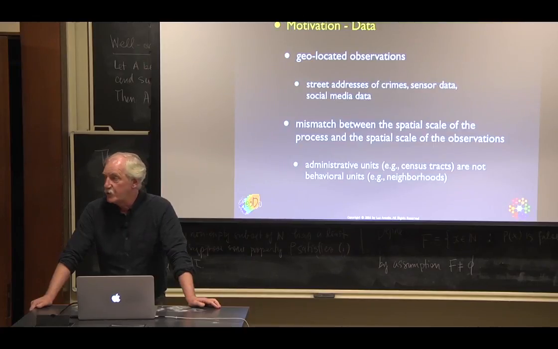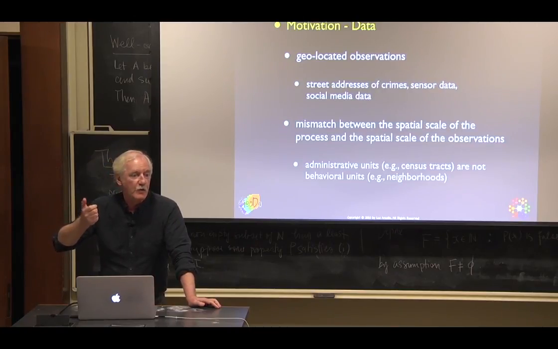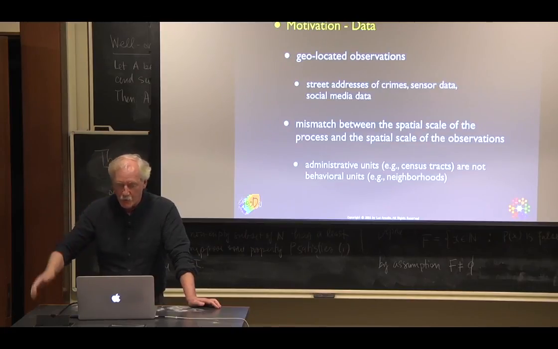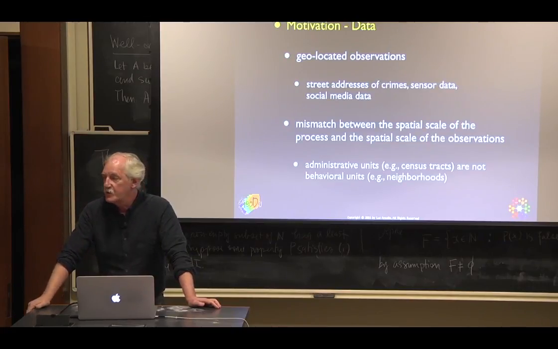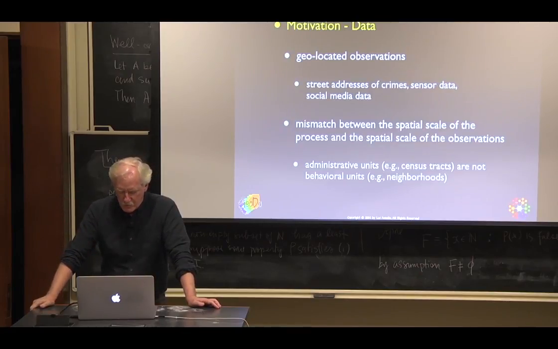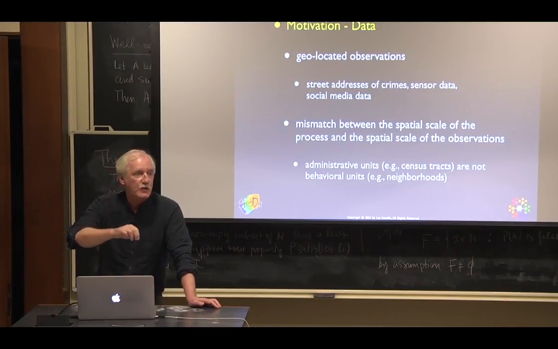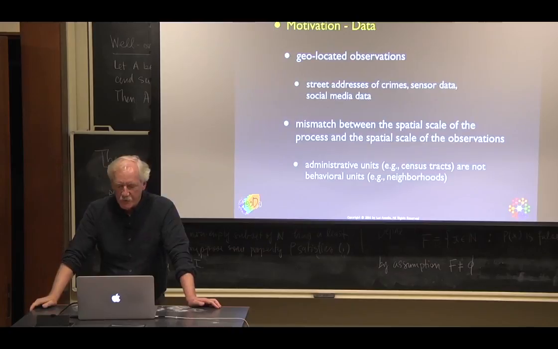For example, street addresses of crimes, social media data where the GPS in the smartphone tells you where the message was tweeted or when the posting was made. Sensor data like the Array of Things that we'll talk about in a second. These are all specified with a particular location and often also a timestamp.